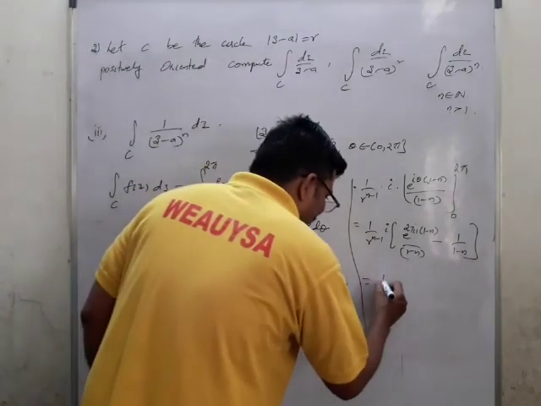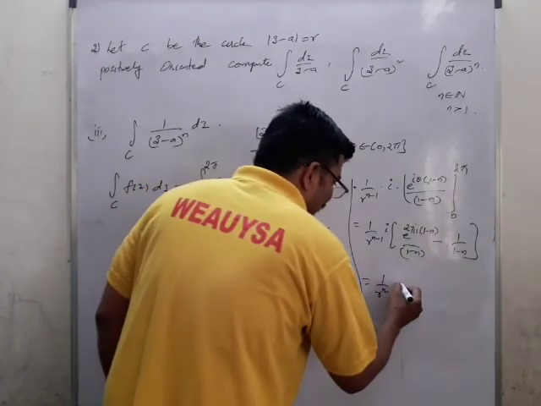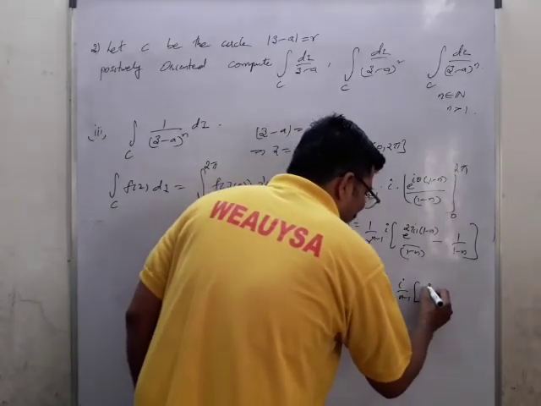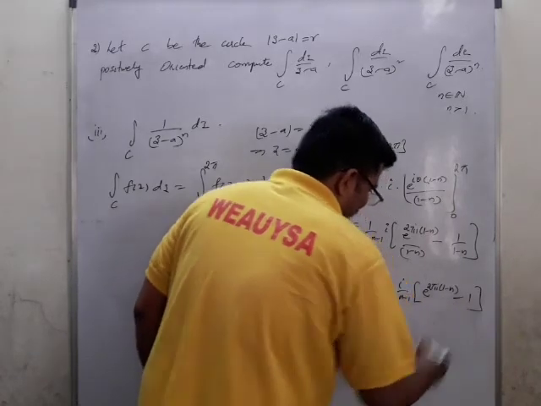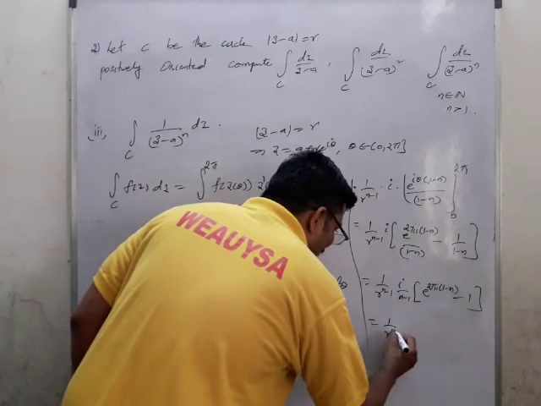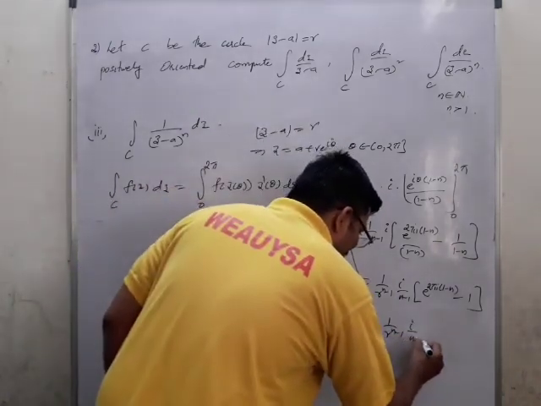Now this is nothing but 1 by r power n minus 1 into i by (n minus 1) into e power 2 pi i (1 minus n) minus 1.